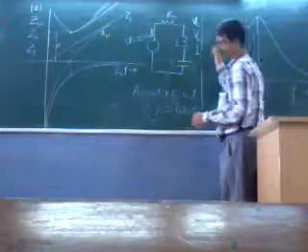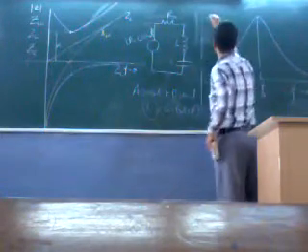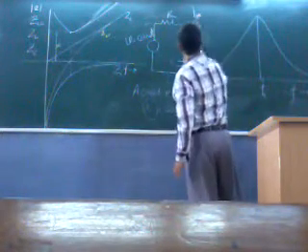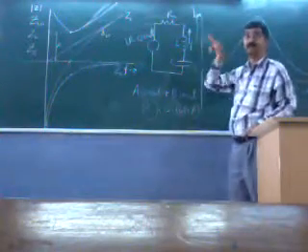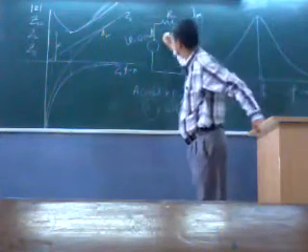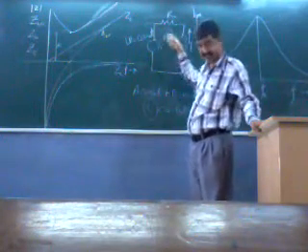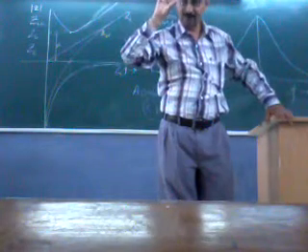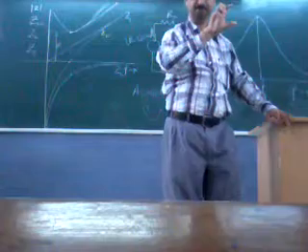Two points are fixed, that is the maximum current. Maximum current means it is Im which occurs. When I say current I, we are having current IT. So this current IT is expressed as some amplitude into cosine of something or sine of something.